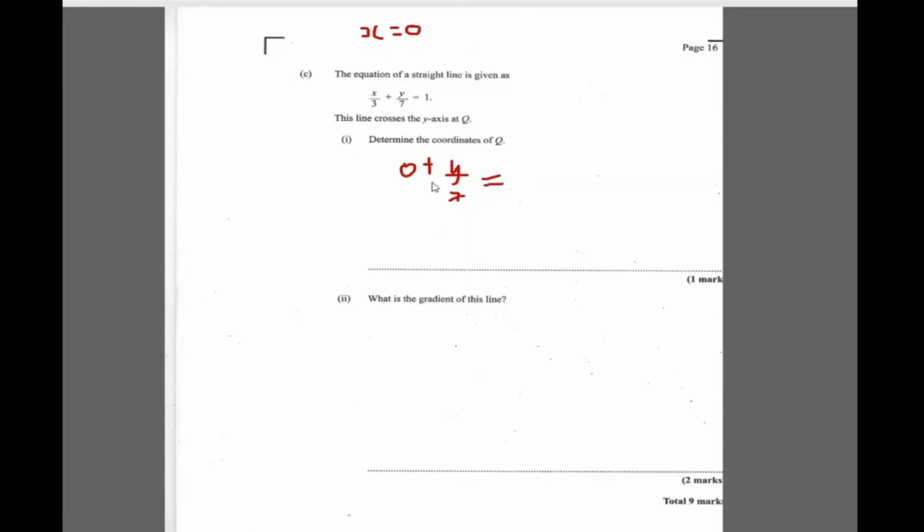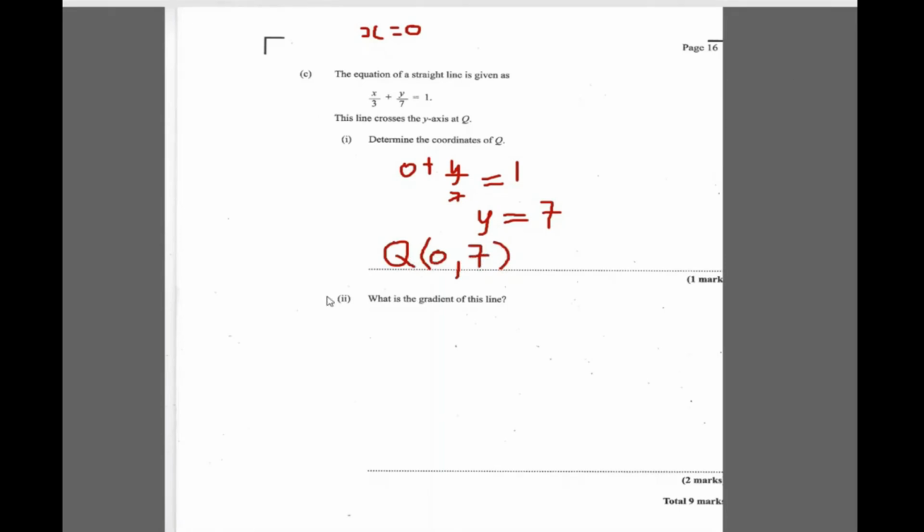So 0 plus y/7 equals 1, and so y is equal to 7. Q is the point where x is 0 and y is 7. All right, nice and easy.